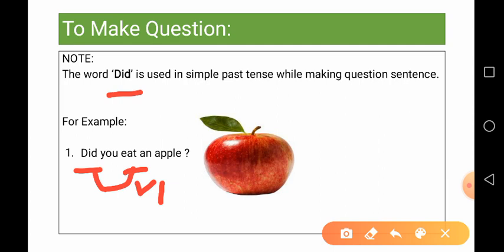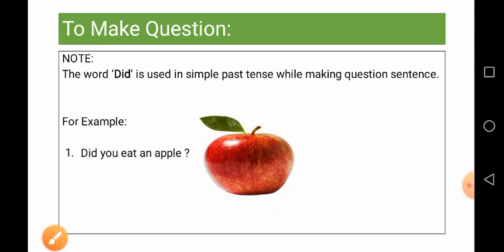So, your example is, did you eat an apple? So, this is an example of simple past tense. Now, I ask you, did you eat an apple? And your answer is, yes, I did. Very good. Now, next.